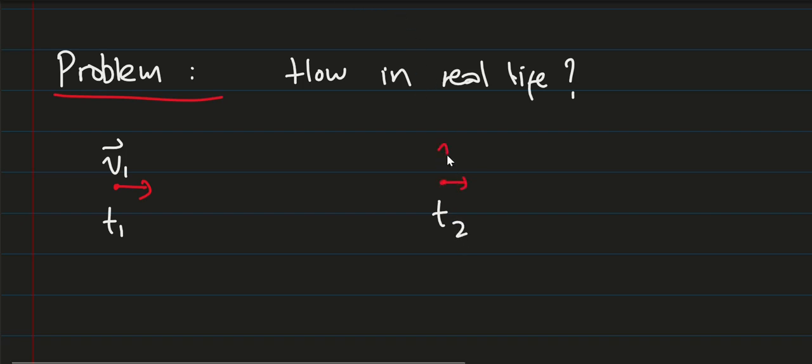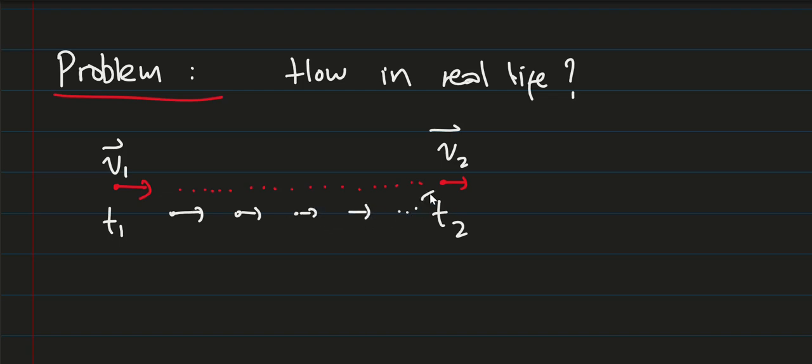Then next, velocity 2 at time 2. But it may be slightly different, so that after some time from t1 we get this arrow, and then the next, and then the next, and so on until you get velocity v2 vector.